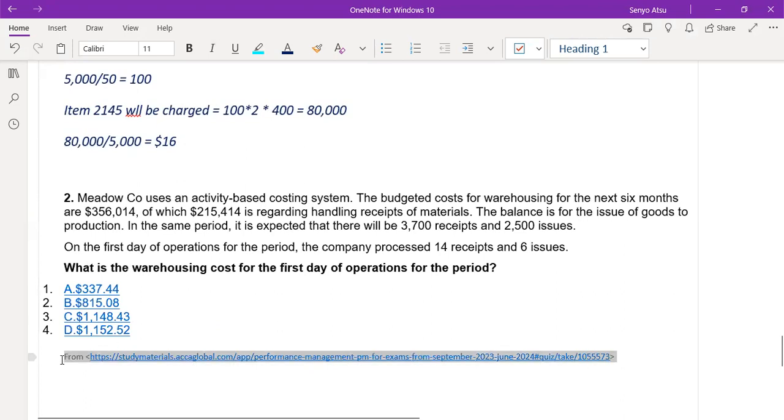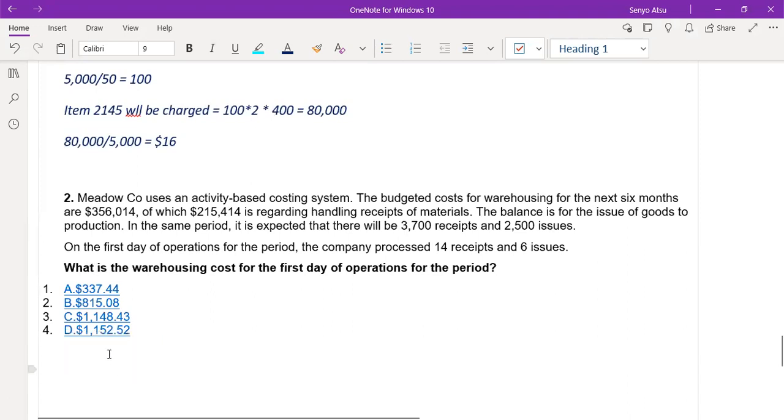There's a reason the examiner writes the requirement in bold. Exam technique: read that first. What is the warehousing cost for the first day of operations for the period?